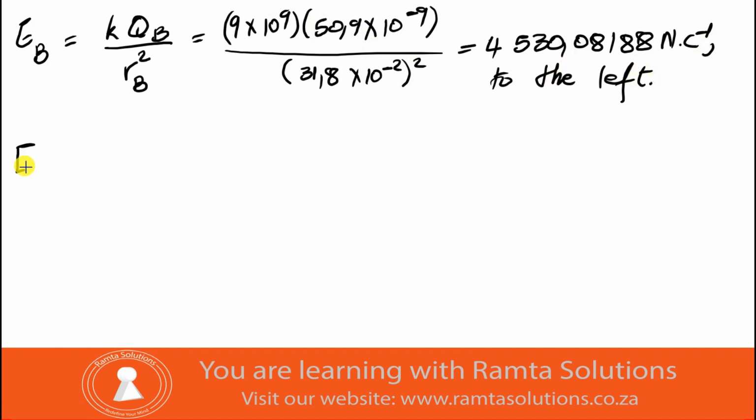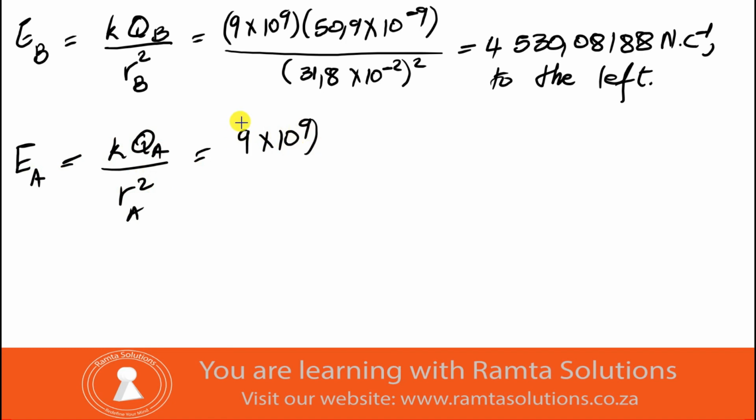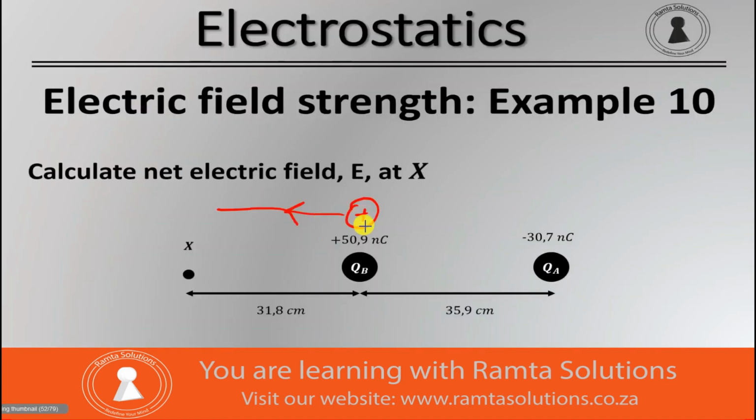Now let's calculate the electric field at point X due to charge A. So it will be K Q A over R sub A squared, and this is 9 times 10 to the 9. Let me check what object A was carrying: 30.7 nanocoulombs.